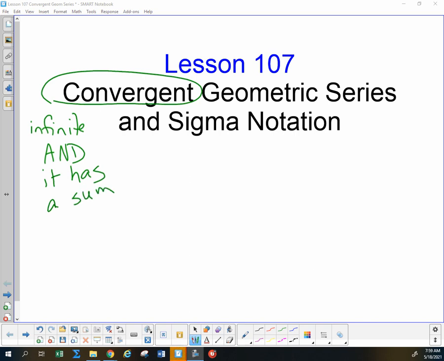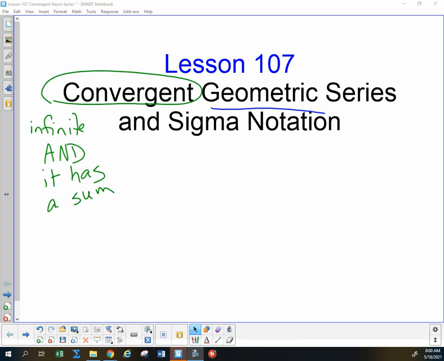We can keep adding forever and ever and ever and actually get one single number that is our correct answer. But it's only a special case, and it will only work if we are talking about geometric series.